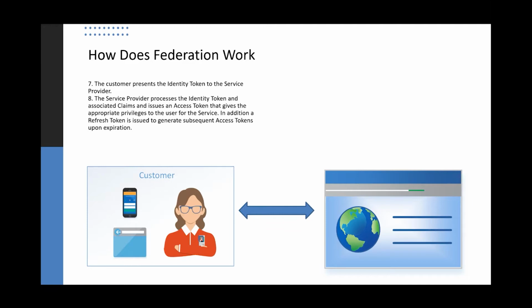There's going to be an access token. There's going to be a refresh token. The access token is going to give me access to my service, my website, my application, with the correct privileges that have been defined. Maybe that's by claims, maybe just everybody gets the same. And then also, I'm going to be given a refresh token.